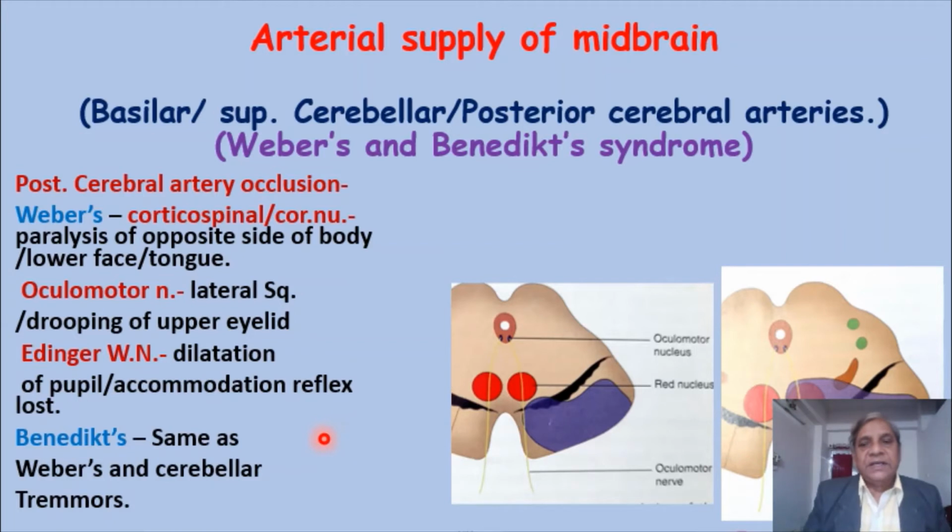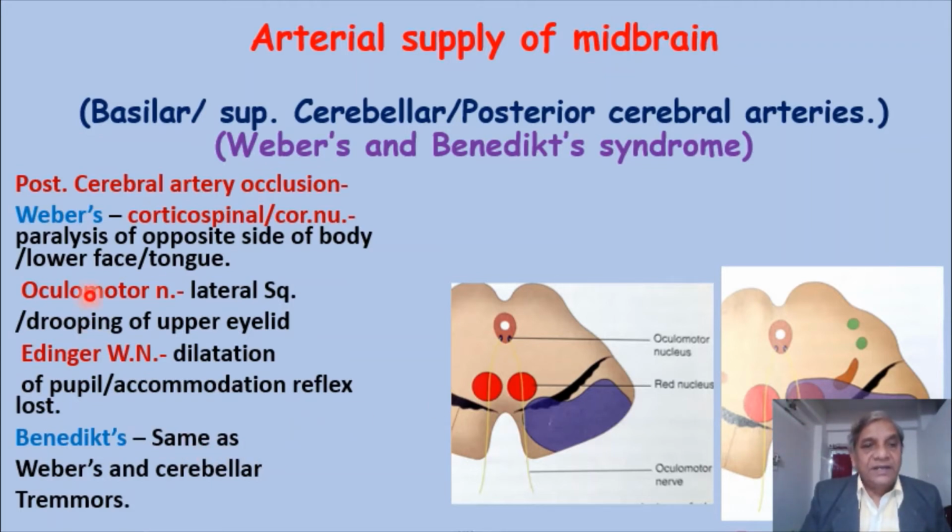But the red nucleus is part of the extrapyramidal motor system, and the efferent cerebellar fibers arising from the red nucleus are destroyed along with the red nucleus.